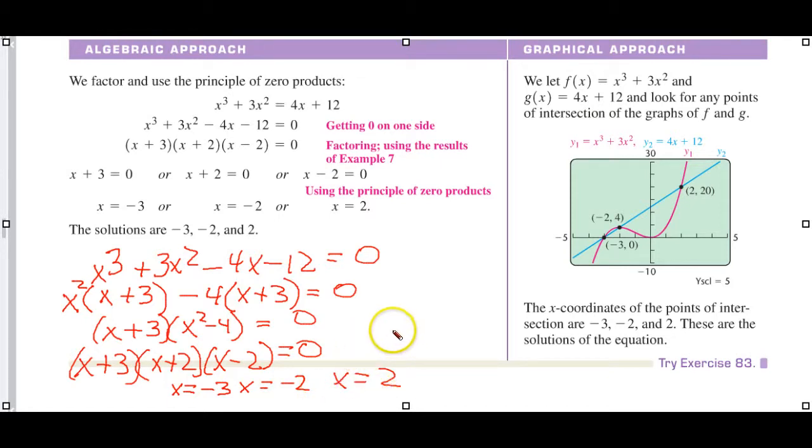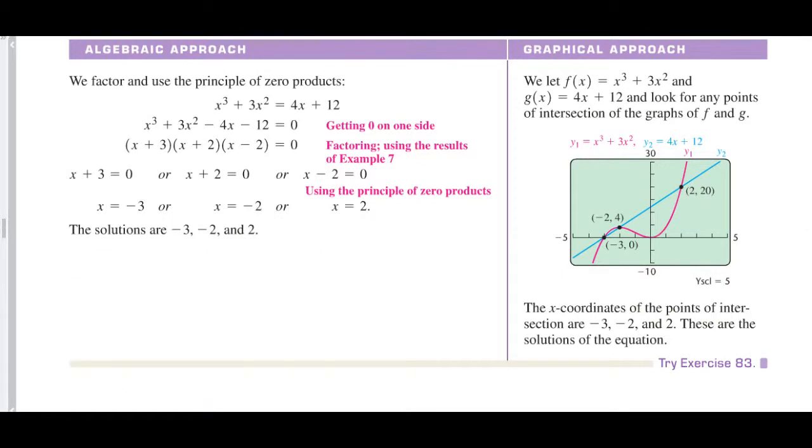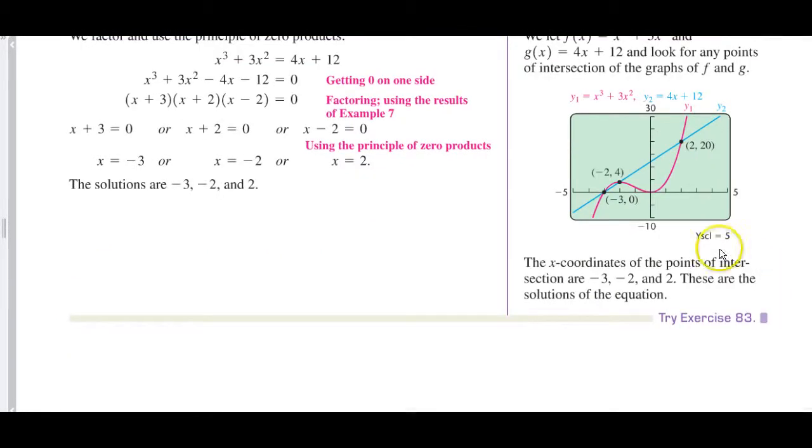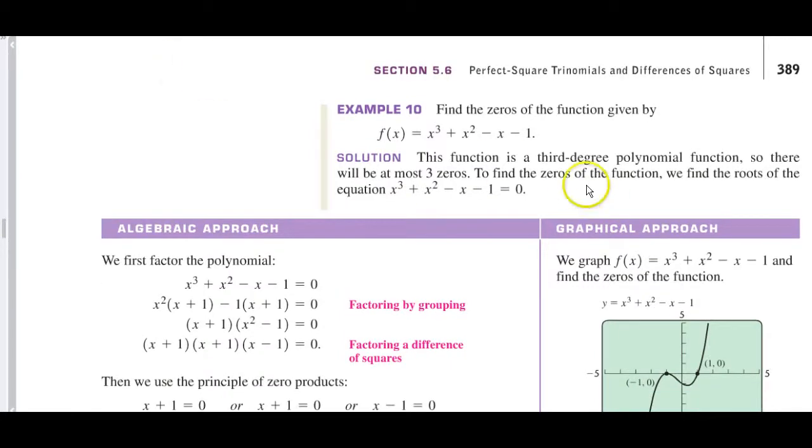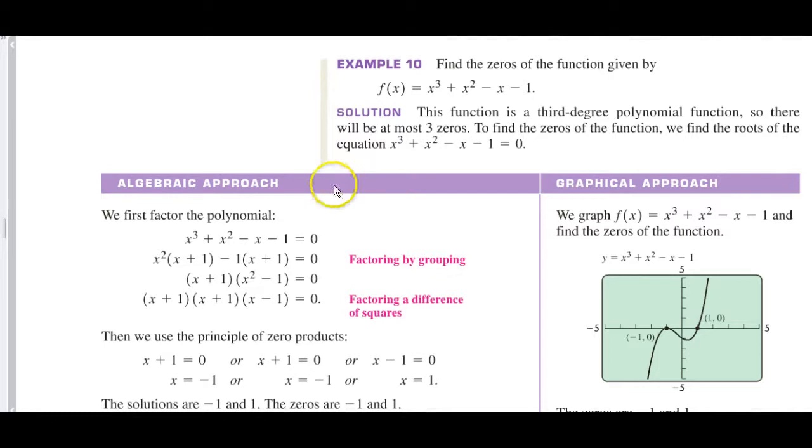Okay? And there they are, right there. Okay. Again, you have some challenging work ahead. And let's see if there's anything else here. Okay, they're also giving us one more example. Find the zeros. Again, we're going to factor this by grouping.